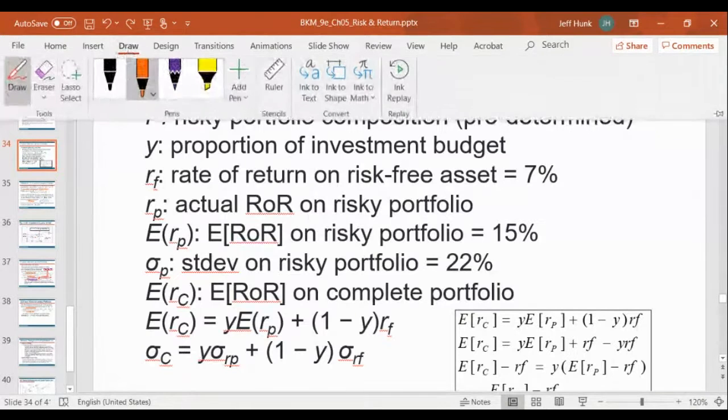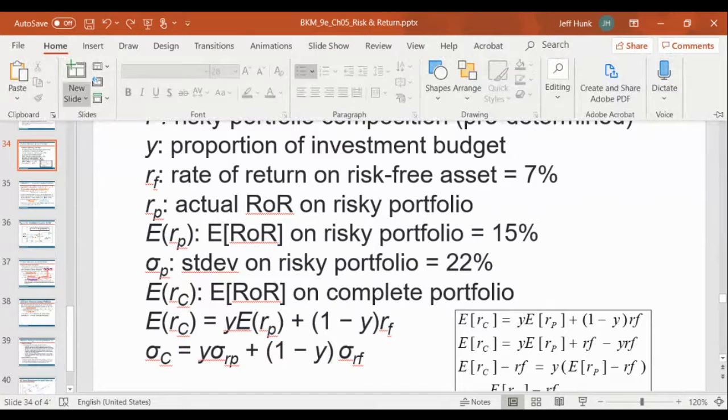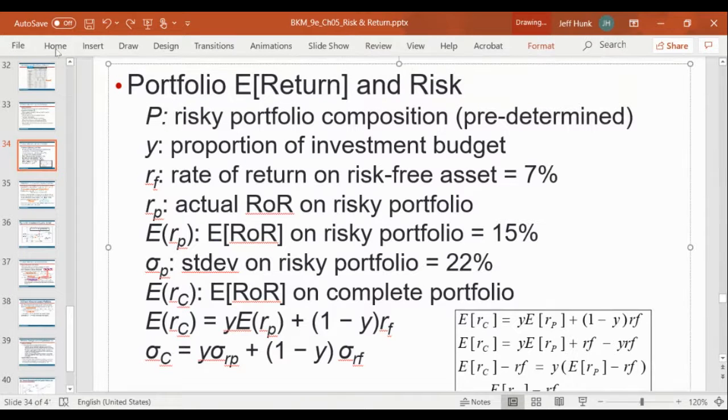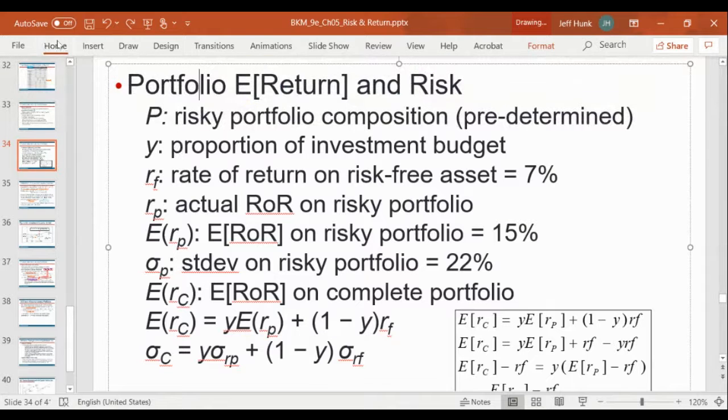And the risky portfolio composition is predetermined. We are assuming that it is predetermined, right?